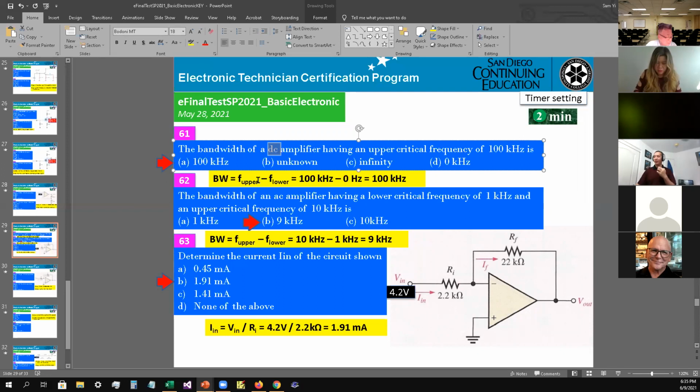So the upper 100 minus the 0 hertz gives you just 100 kilohertz, which is A for number 61.